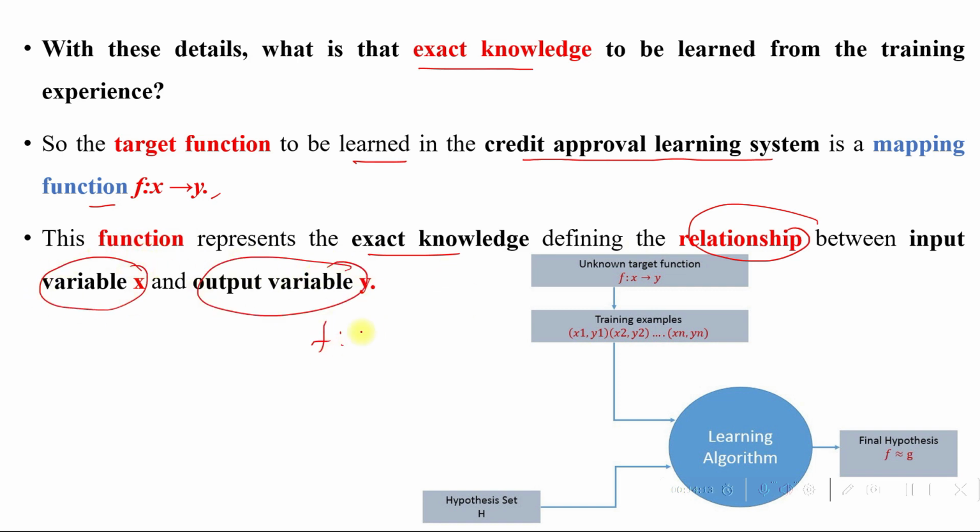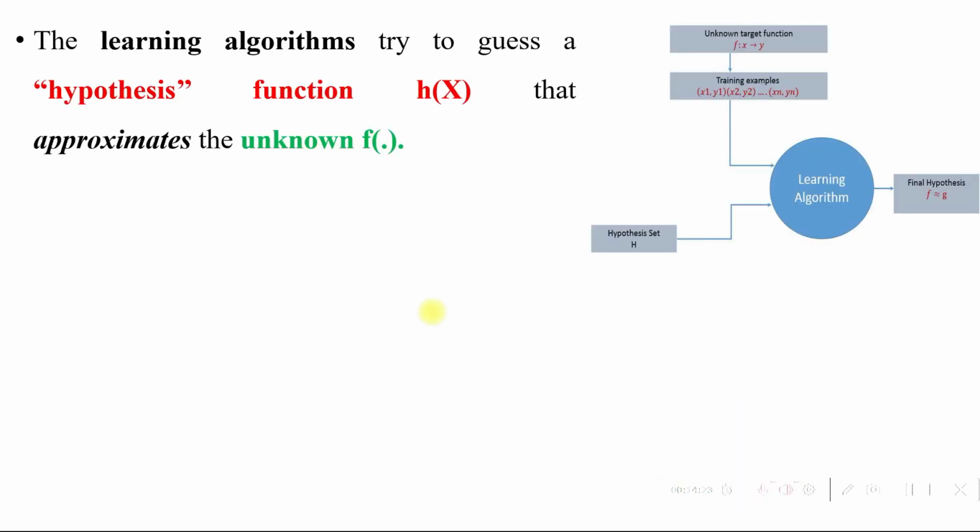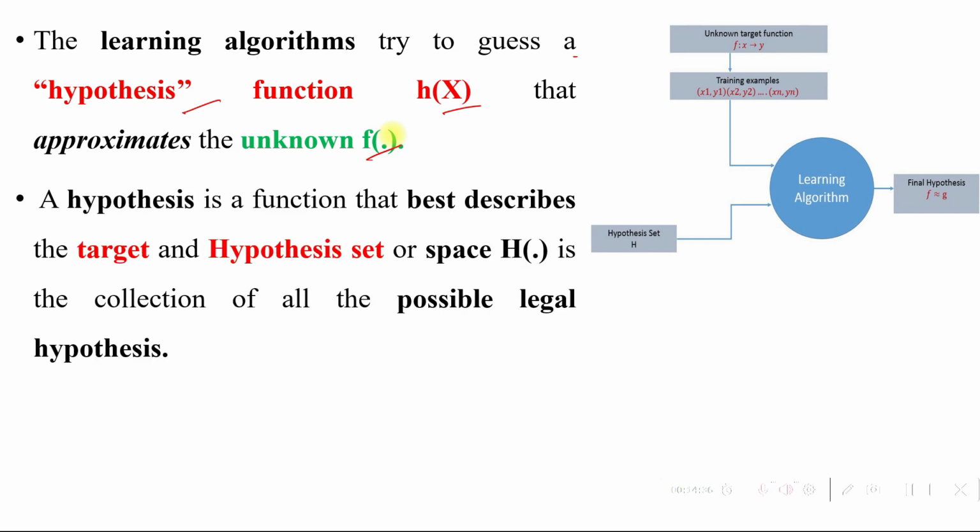The learning algorithm tries to guess a hypothesis function h of X that approximates the unknown function. A hypothesis is a function that best describes the target, and the hypothesis set, or space of hypotheses, is the collection of all the possible legal hypotheses.